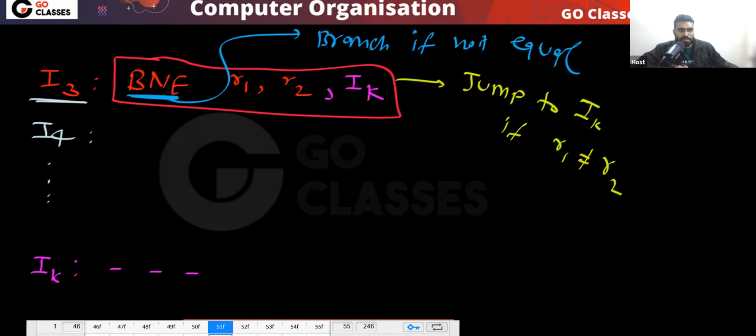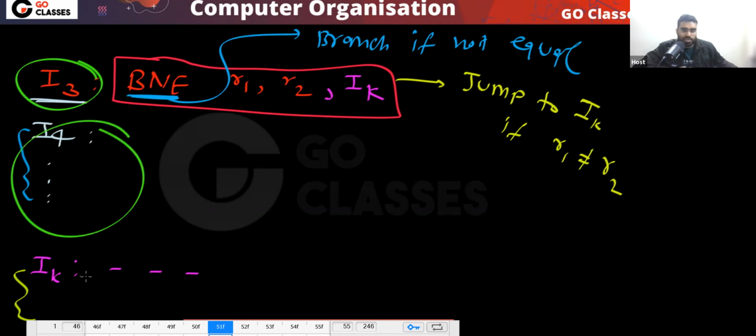Now you can notice a very simple point. Do we know these instructions to execute? When we are fetching this branch instruction, at that point, do we know should we execute these people or should we execute these people? We don't know. So there is a dependency.